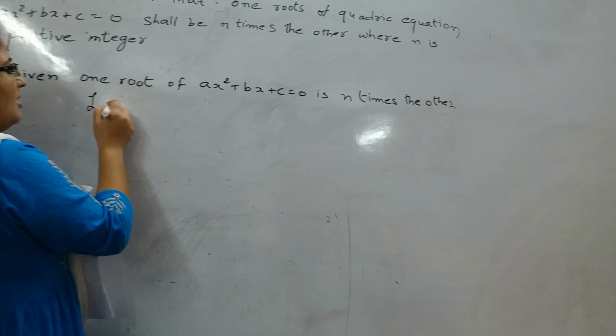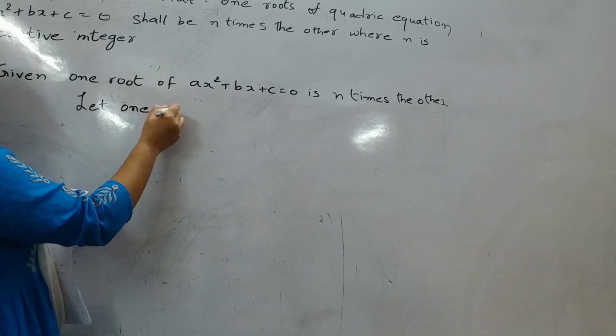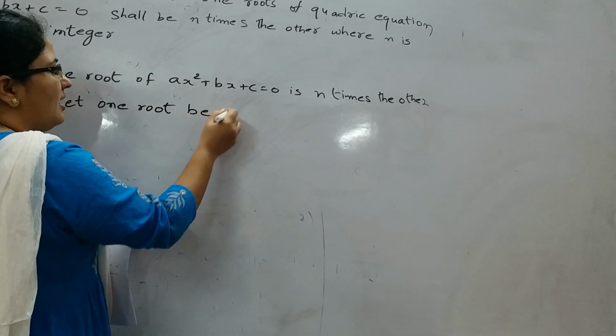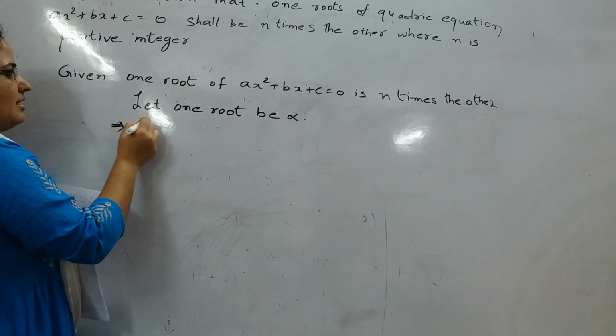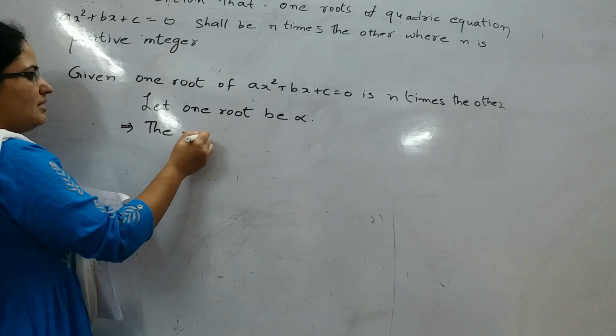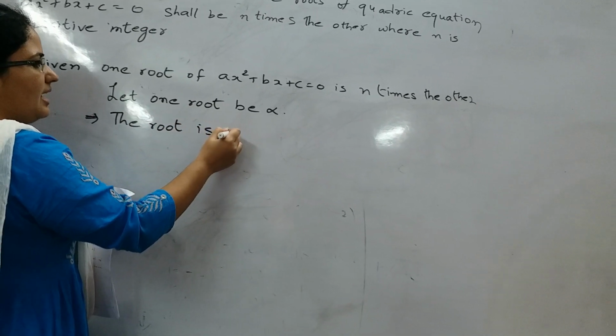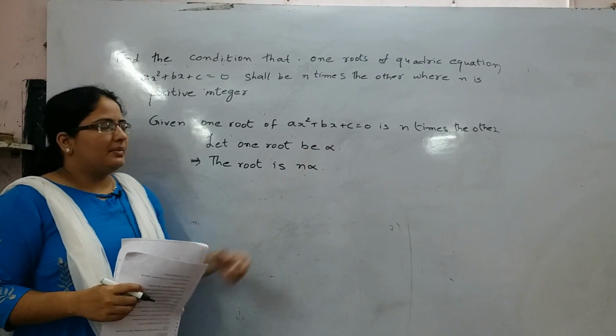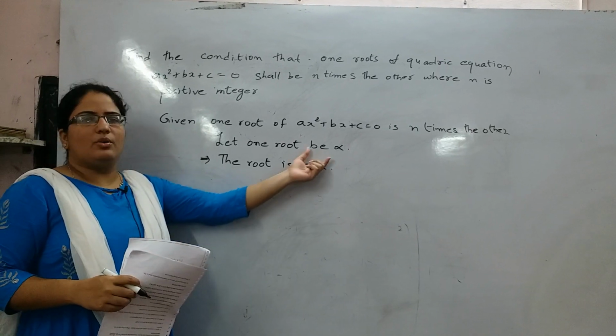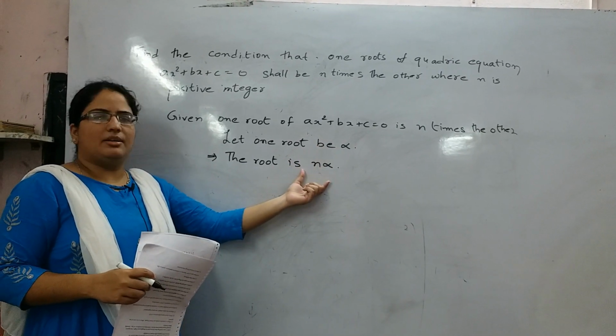Let one root be alpha. This implies the other root is n alpha. So the two roots we are considering as alpha and n alpha, because it is given that one root is n times the other.